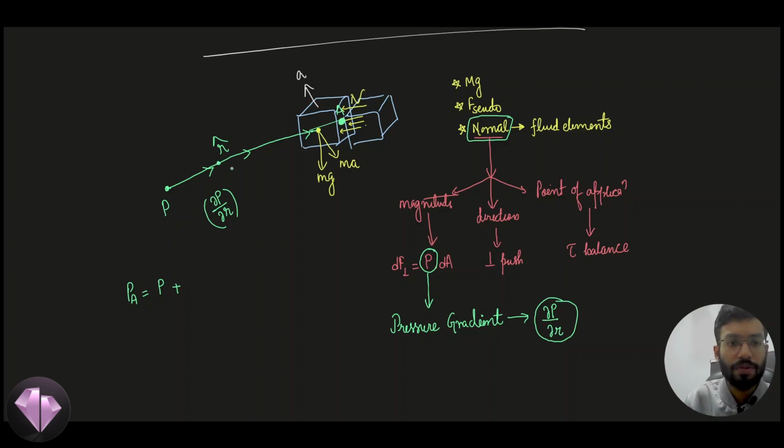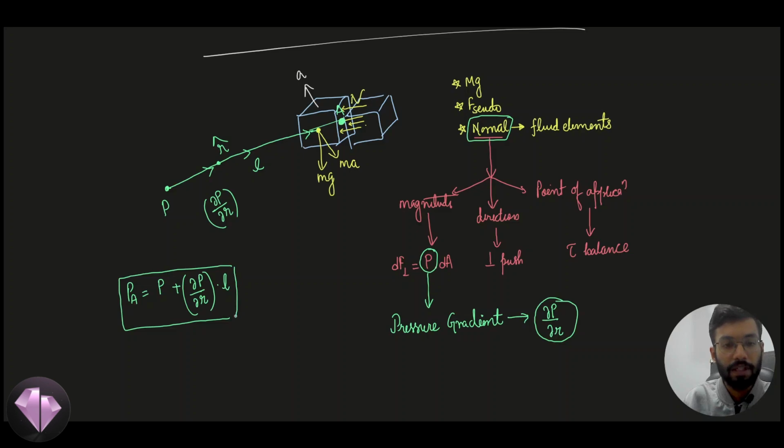Let's assume this to be a constant for the time being. So if this length is L, this would be ∂P/∂R, my pressure gradient, times my L. Otherwise you would have to take dl and integrate ∂P/∂R into dr over the entire length, right? So this is how you calculate the pressure at a point.